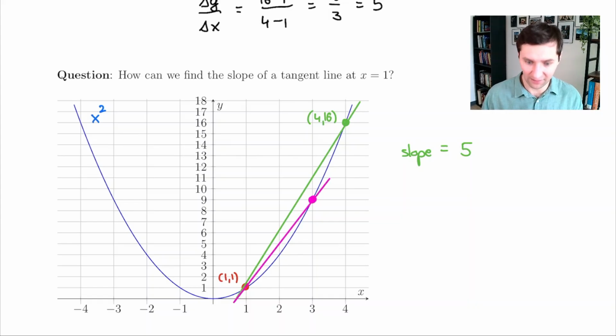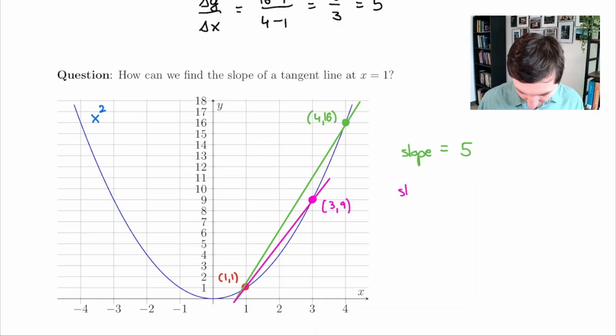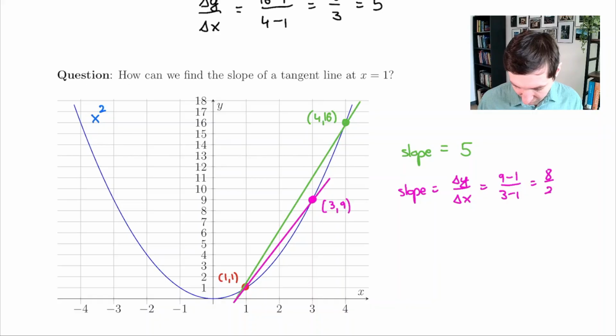I know that the second point has coordinates 3, 9, which allows me to compute its slope. The slope is the difference in the y values divided by the difference in the x values, which is 9 minus 1 divided by 3 minus 1, which is 8 divided by 2, which is 4. The slope of the second secant line is 4.